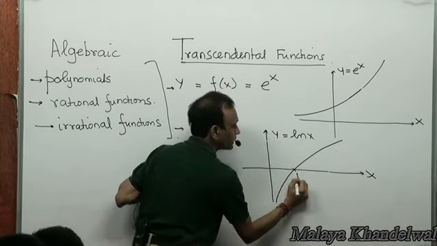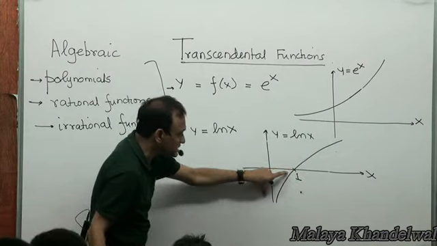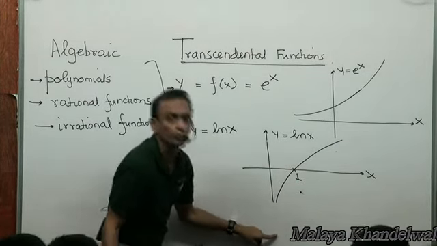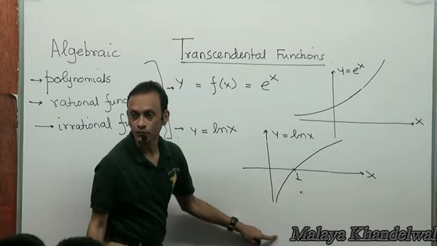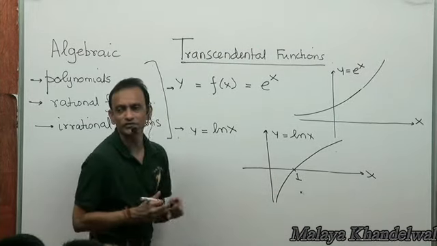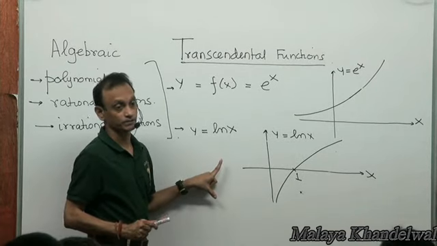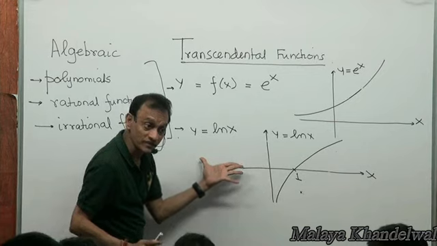At x equal to 1, it becomes 0. As x comes closer and closer to 0, log x comes closer and closer to minus infinity. No part of the graph exists to the left of the y-axis because log x is not defined for negative values of x. This is another transcendental function, log x.